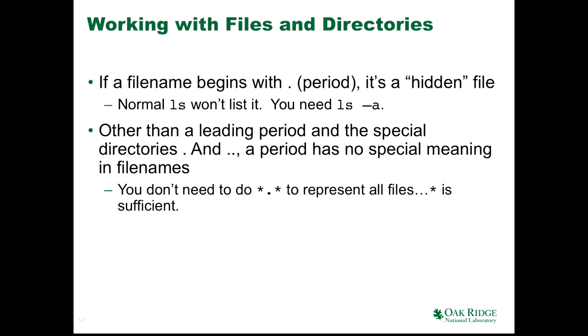That's not really necessary. A dot that occurs in the middle of a file name has no special meaning. So the asterisk, the star, will match that just like it matches any other character. So that's important to remember, that the dot inside a file name really doesn't have any special meaning.